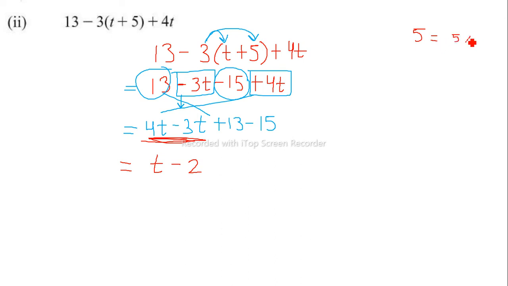You can imagine always writing 5 times 1 every time you're trying to write 5. It's the same thing. 1t is t. So t minus 2. Are we good with that? Yes, sir. Okay, good.